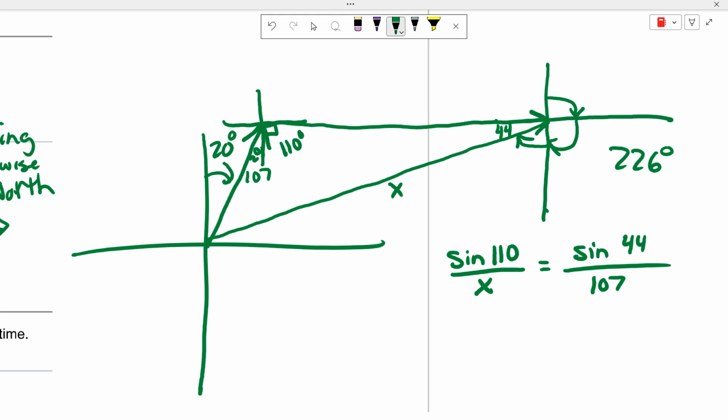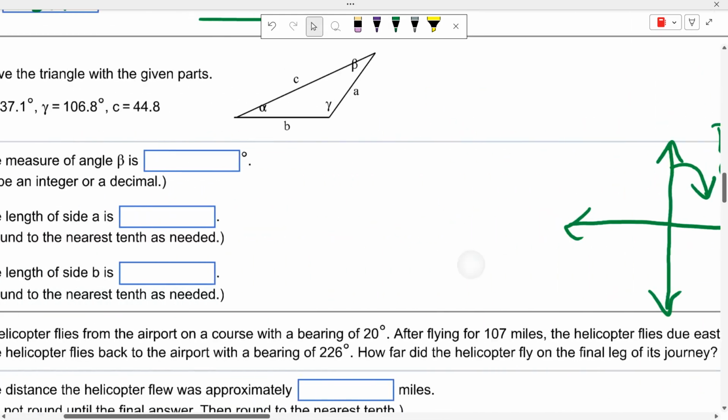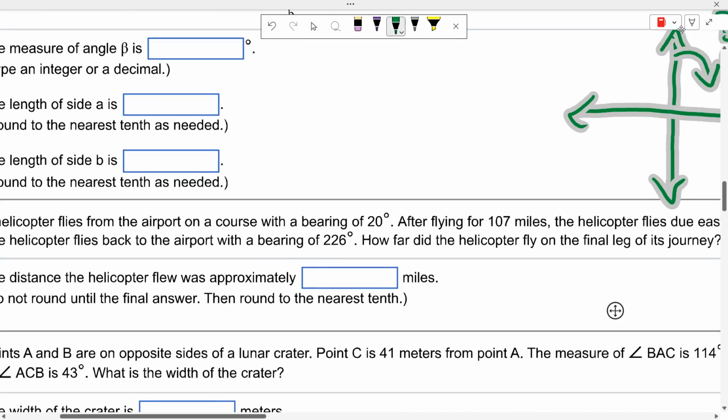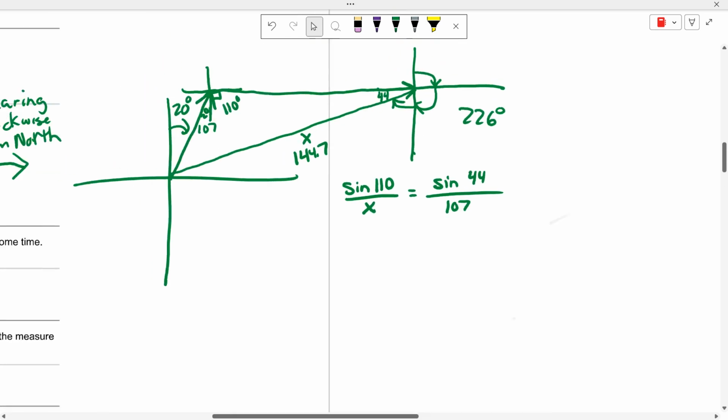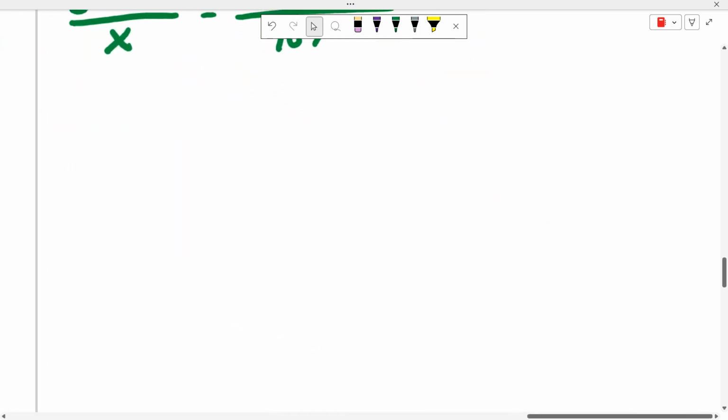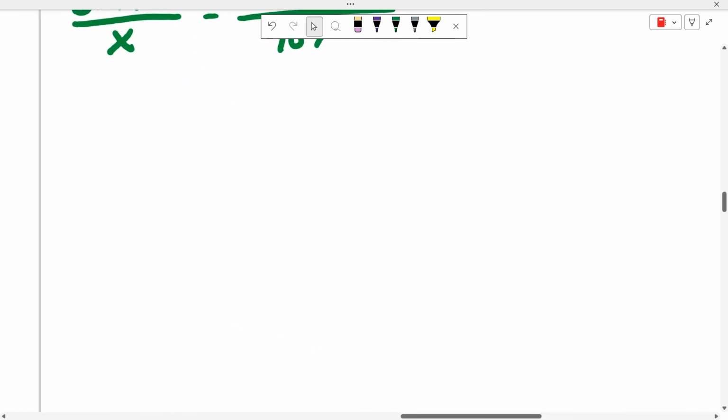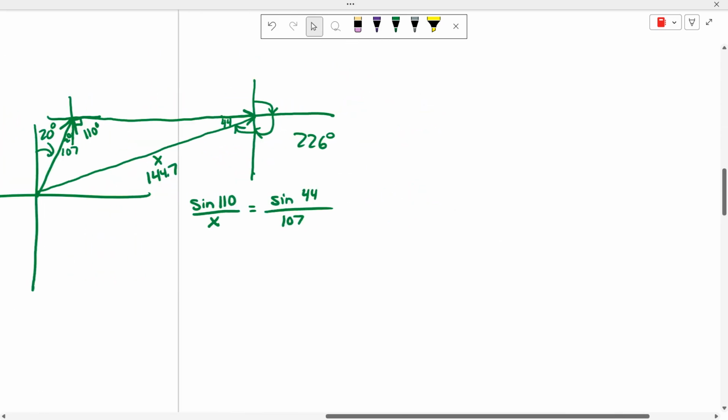Quite a bit longer than 107. How long is that stretch? 144.7 miles. Round to the nearest tenth. Now, I bet some of you are going, geez, I really didn't catch that very well. Okay, so let's do another one similar to that.